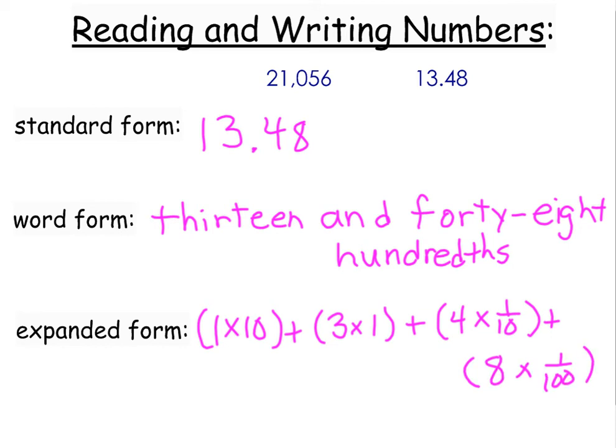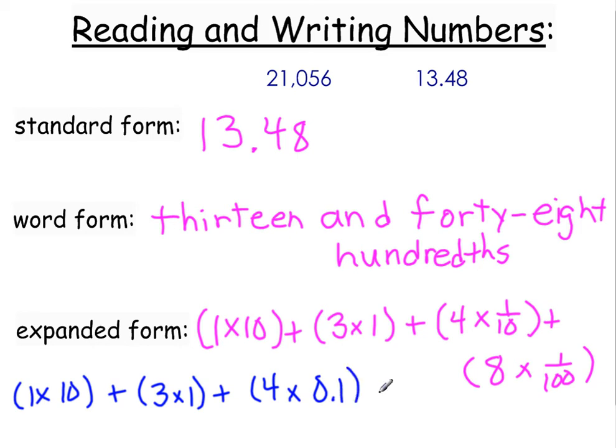Another way to write that could look like this. 1 times 10 plus 3 times 1 plus 4 times 1/10 written like this, and 8 times 1/100th written like 0.01. So you can write it either way, but we will use this form of expanded form in 5th grade this school year.